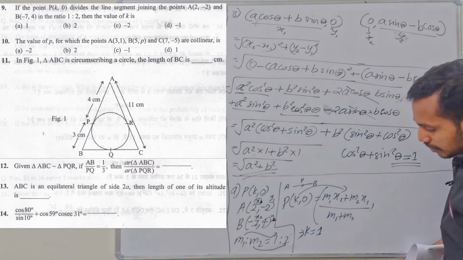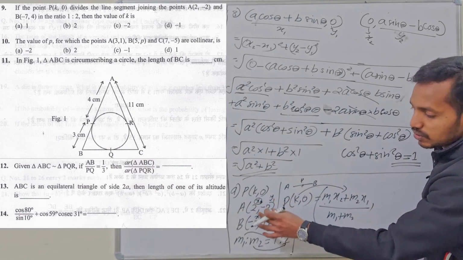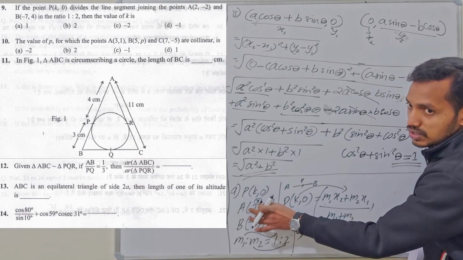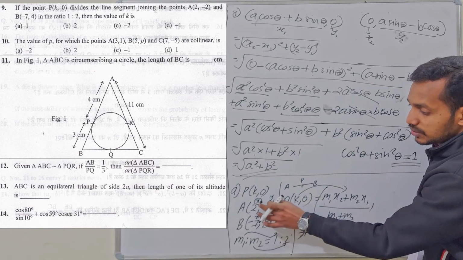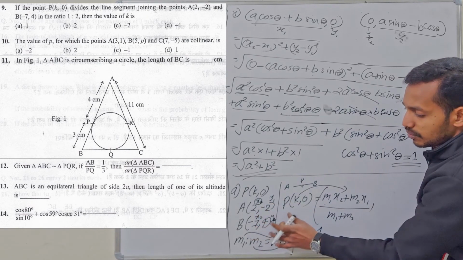One thing to remember is that we have to take the correct order. We are not supposed to take x2 here, because this is the first point we are considering, and the ratio also goes according to that. So we take this one as x1, this is y1, and correspondingly here it is x2 and y2.